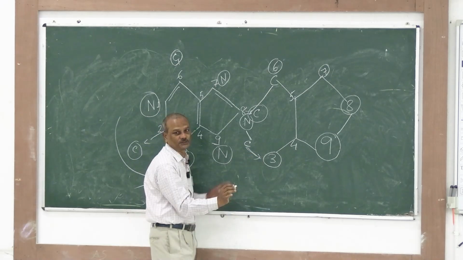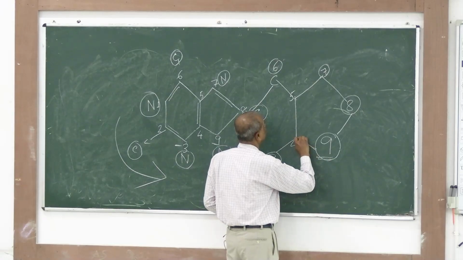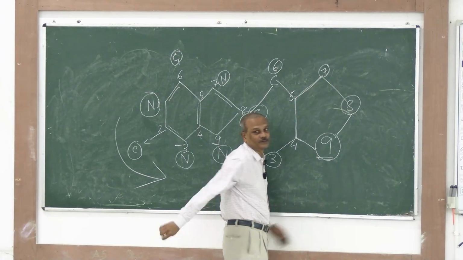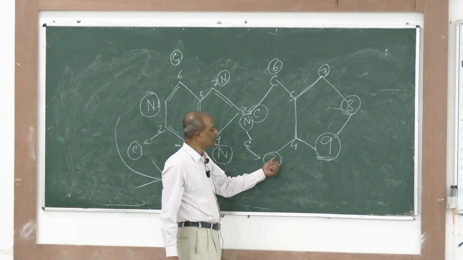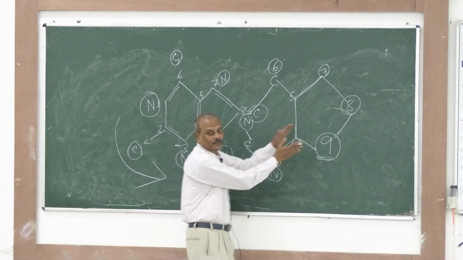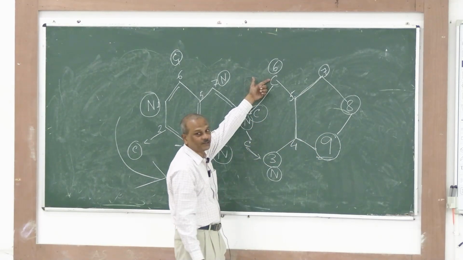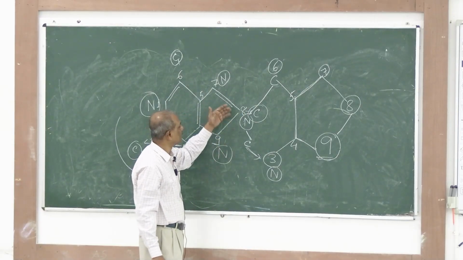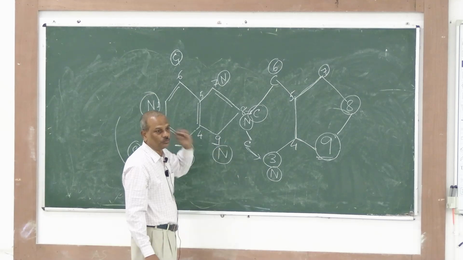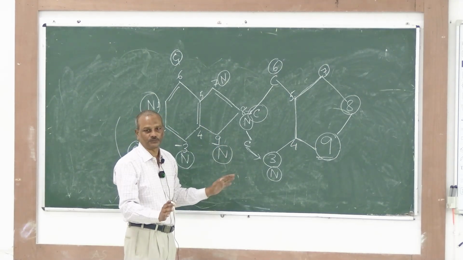So this is the sequence, you remember. You start from 9 and then 4, 5, 7 and then 8, stop, come to the third position, which is nitrogen, then the ring is closed, and then 6, then 1 and then 2, and finally the ring is closed. Then the total structure is formed.